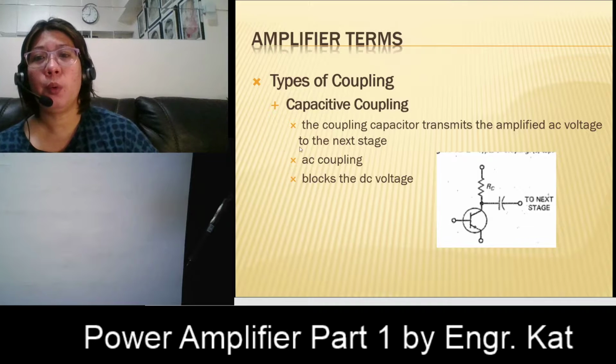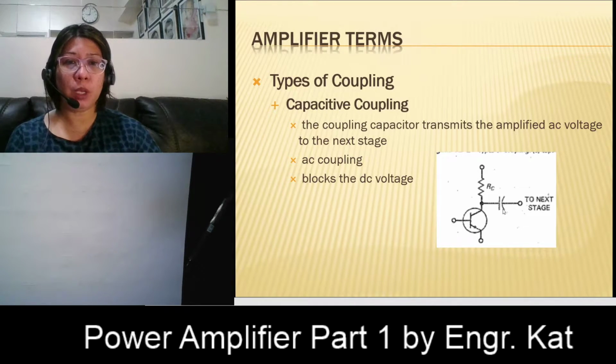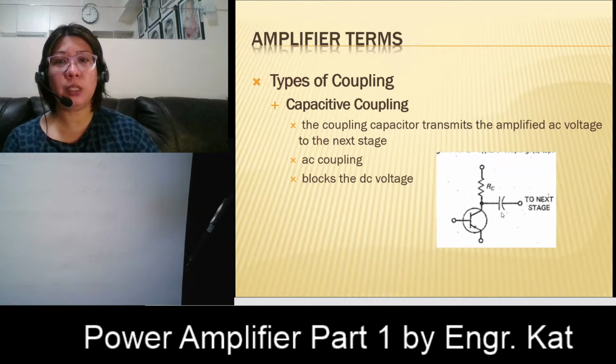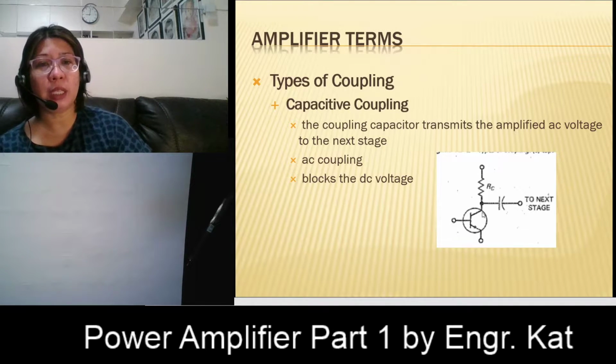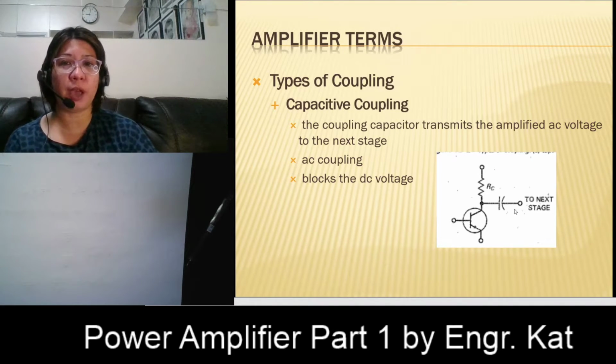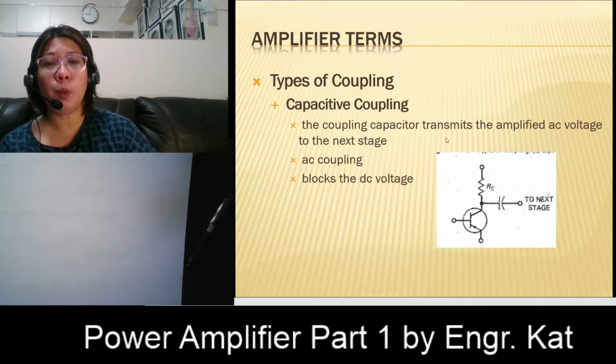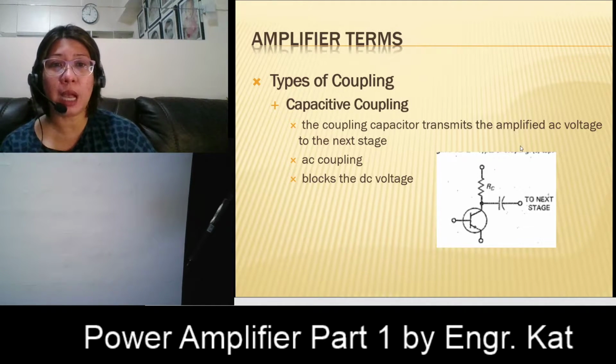There is capacitive coupling, when we use capacitors to couple your first stage to the next stage of your amplifier circuit. The coupling capacitor transmits the amplified AC voltage to the next stage, just like in this figure. So we call this AC coupling.